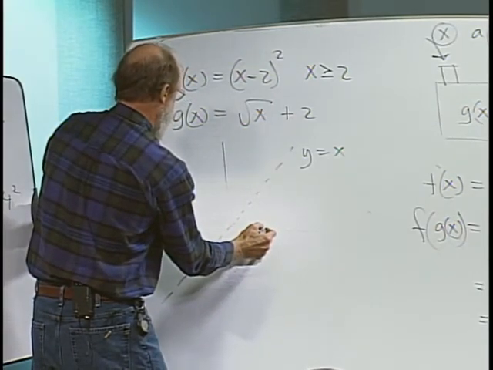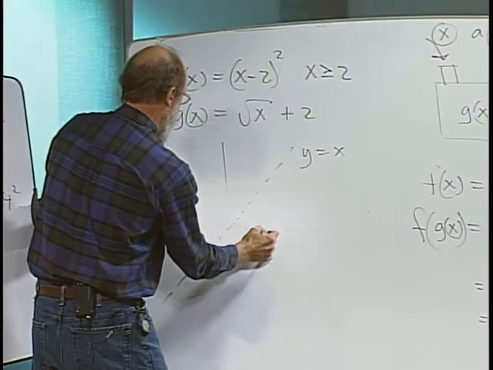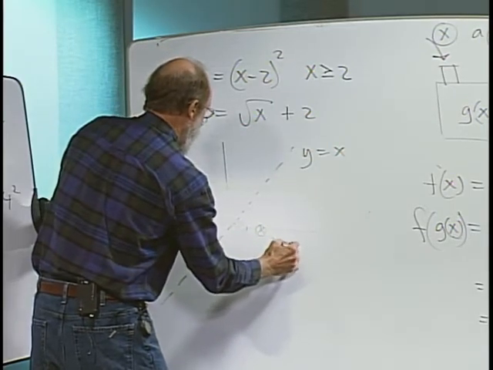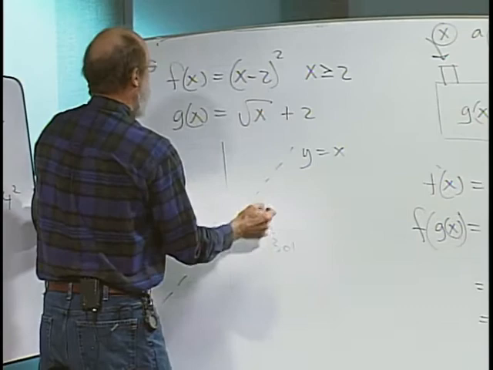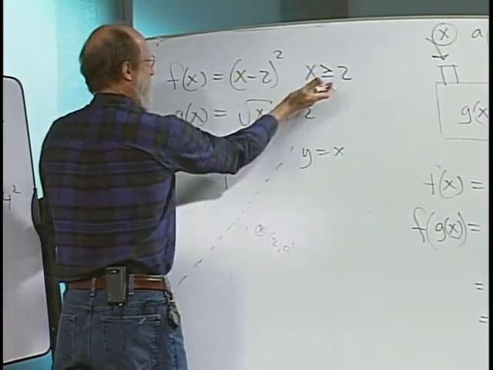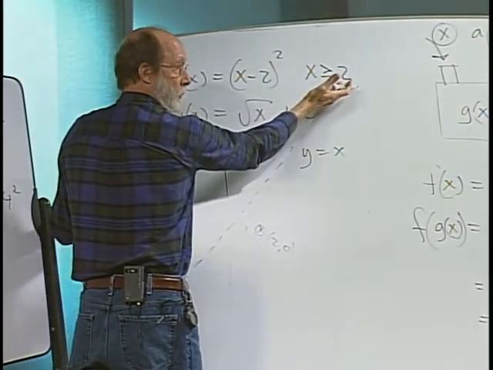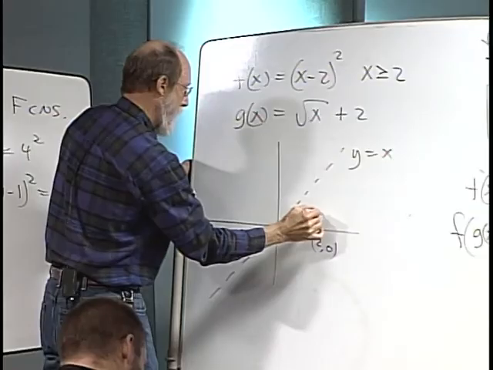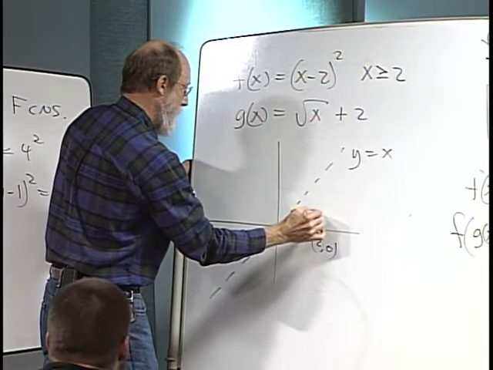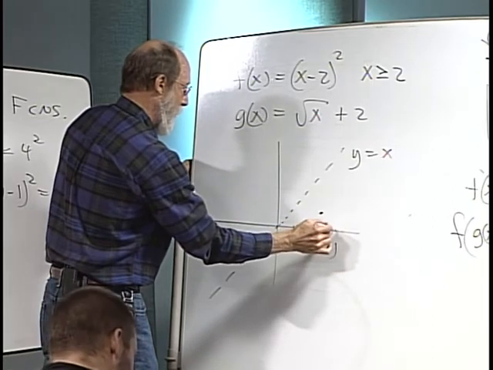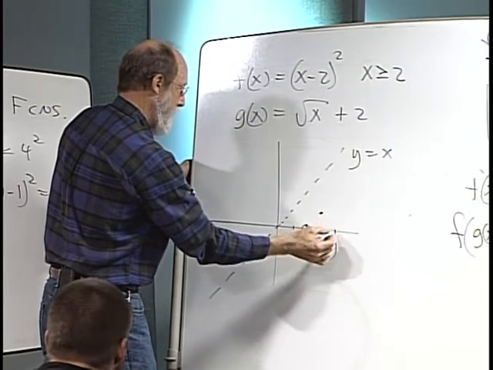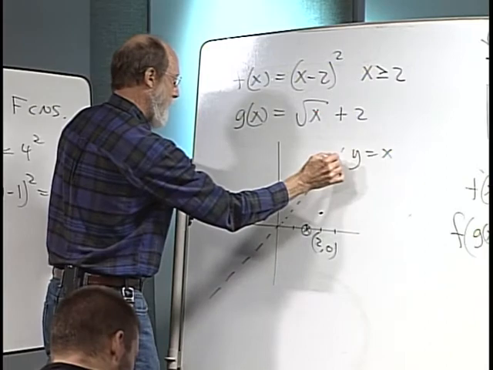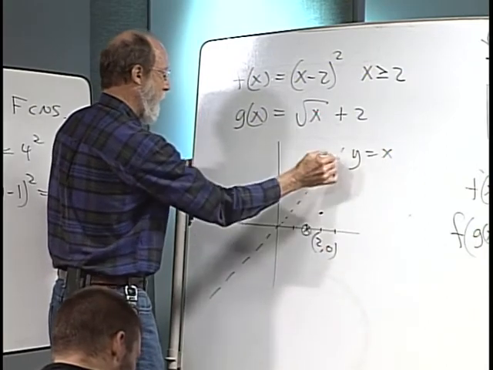Normally that parabola would have its vertex here at (2, 0), and it only wants the right-hand side of it for the domain x greater than or equal to 2. So if I go 1 to the right of that, I should be up 1. And if I go 1 more to the right of that, I should be up 4. Oh, interesting. That looks like that would be the point (4, 4), wouldn't it?